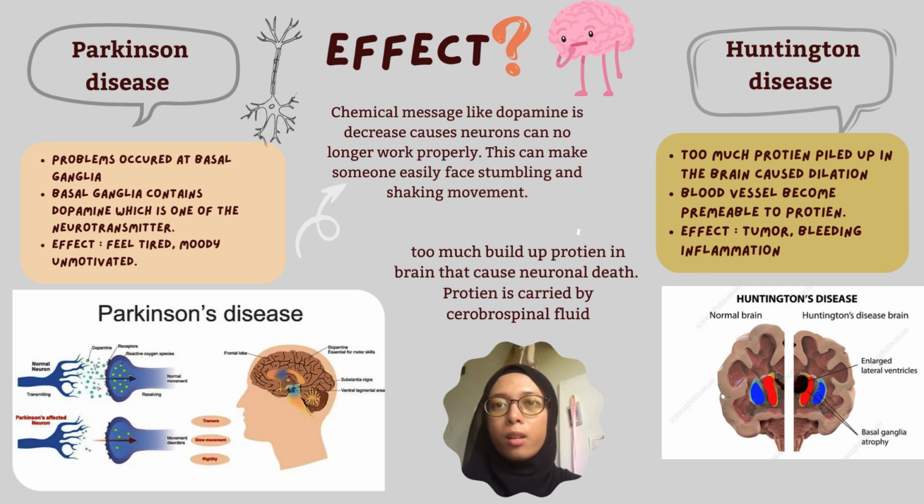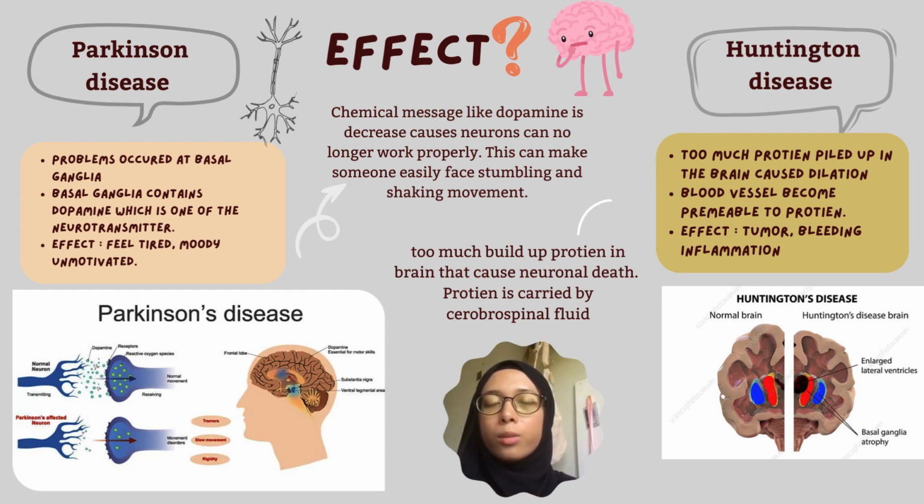The side effects of a lower level of dopamine inside the basal ganglia are feeling tired, feeling unmotivated to do anything, and also feeling moody. It is very important for our brain to balance the level of dopamine.